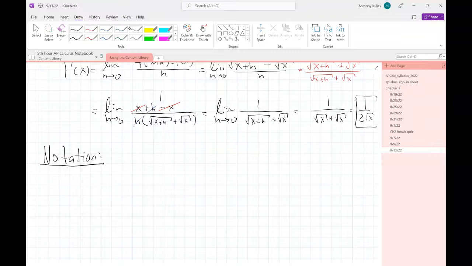Notations. How many different ways do you suppose we have to represent a derivative? There's lots. We could write it as f prime of x. We've used that notation so far. You could write it as y prime.